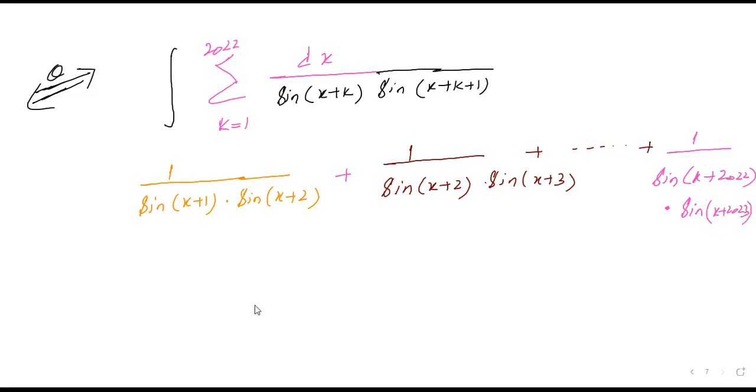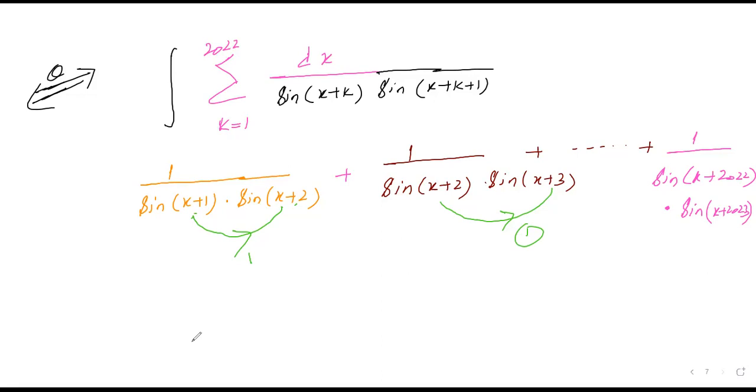So what is the big picture behind it? You can see here the difference of consecutive arguments is 1. Here it is also 1. And in the final terms, the difference is again 1. So basically our motive is to convert it as a sum of differences of two consecutive terms.